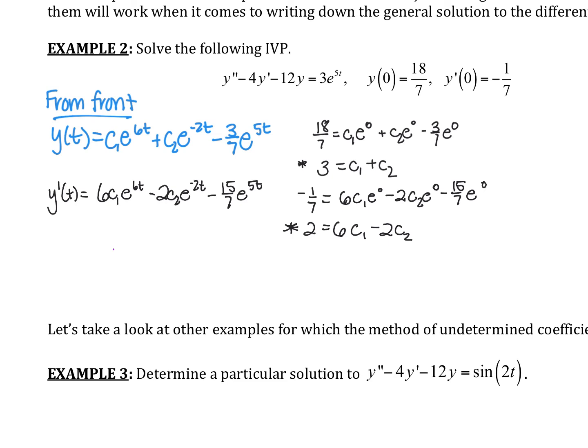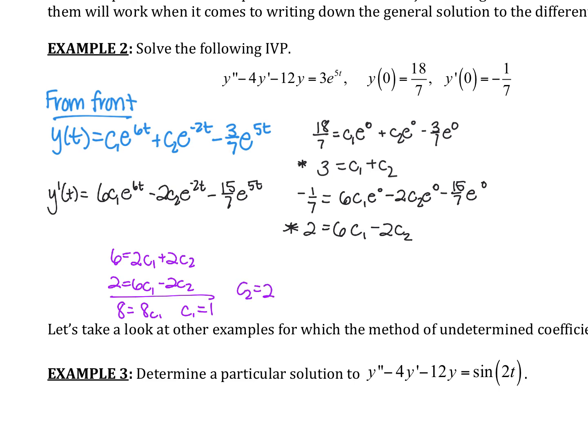Okay, solving this, I would get 6 equals 2c1 plus 2c2, and then 2 equals 6c1 minus 2c2. So 8 equals 8c1, so c1 equals 1, which means c2 equals 2.